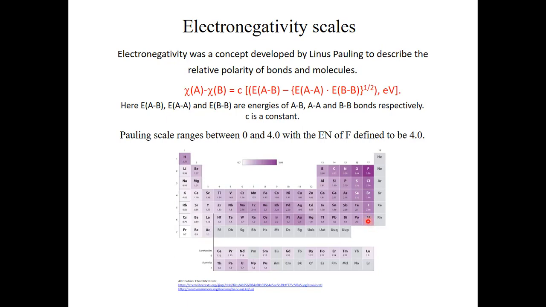It's just that for the transition metals, there's not such a clear trend. We see that the metals with the highest electronegativities are noble metals, in particular gold. So gold is the metal with the highest electronegativity.